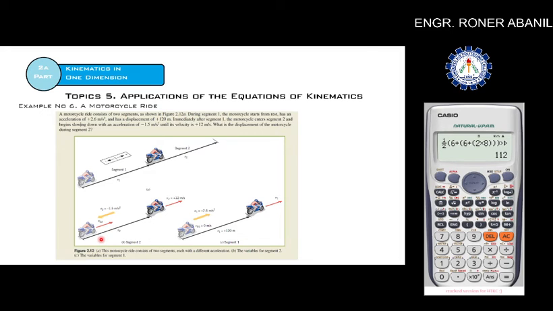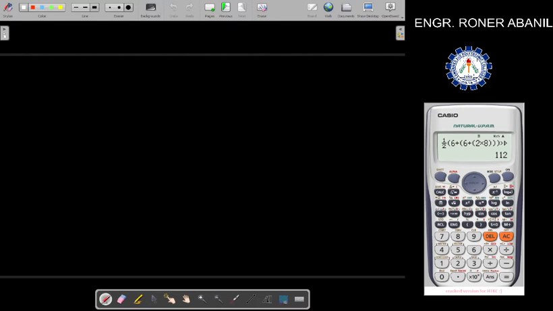For convenience, the equation we will use here is v squared equals v0 squared plus 2ax. So, we'll use that formula.